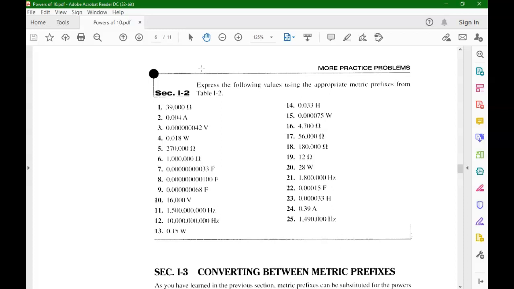24, that would be 390 milliamps. Because your decimal is here, you have this as a 0, and that is 3 and a 9. So you'd have to move the decimal.